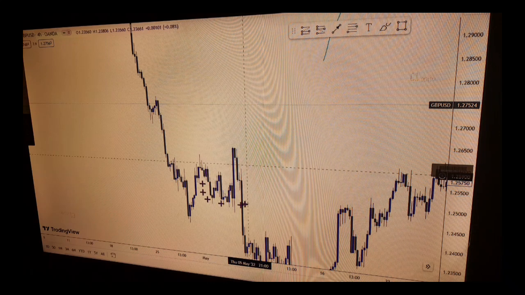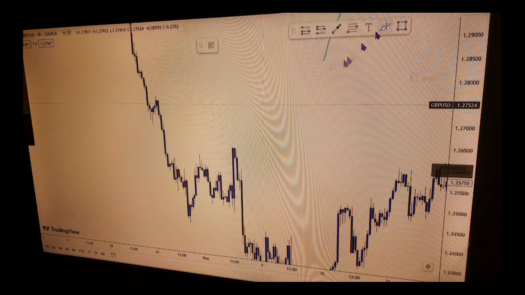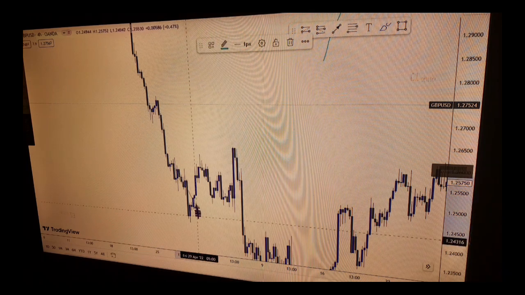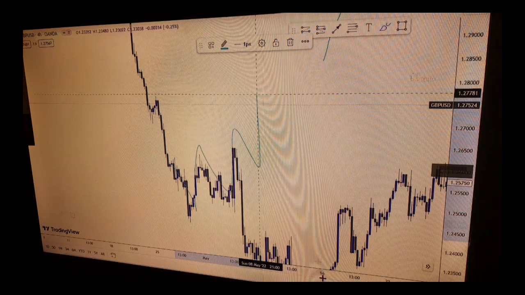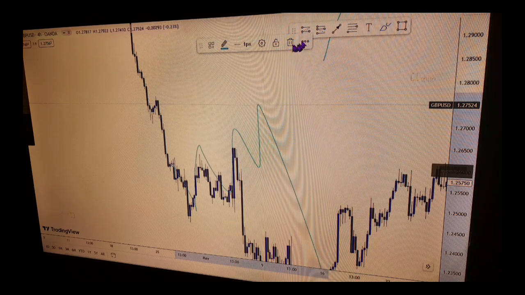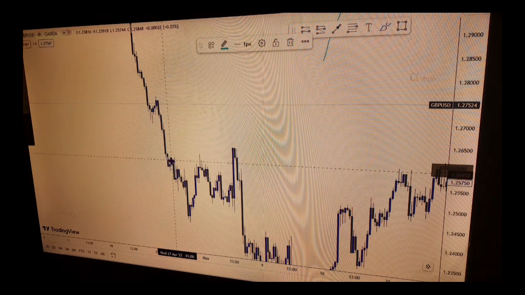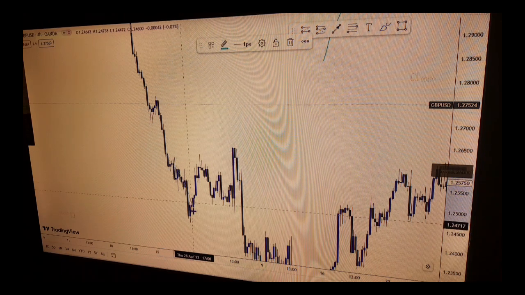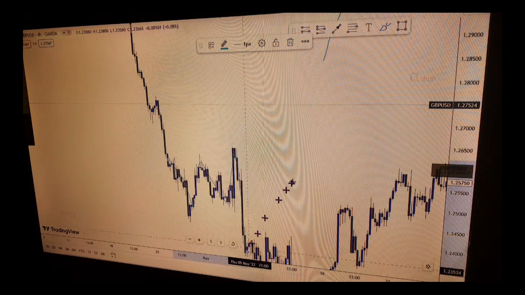The market doesn't show any direction, it doesn't consolidate like this, it doesn't show something like that, right? So what it does right over here, it shows us something like this, which is a flat flag, right?